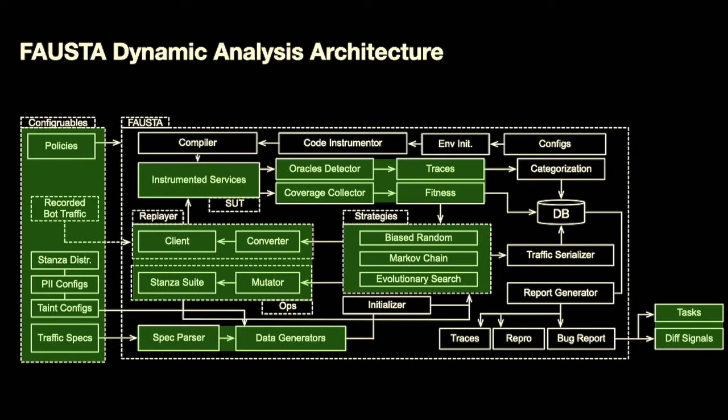Then we have the coverage collector, which collects the line level coverage driven by our generated input. This coverage, together with call stack traces, forms fitness values, which are sent back to the strategy module to guide the search, which may be evolutionary.